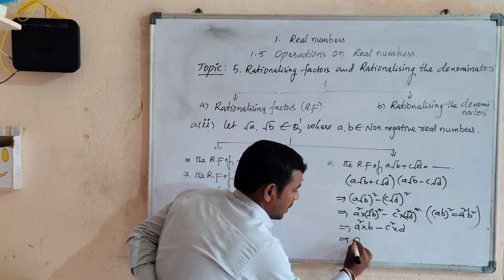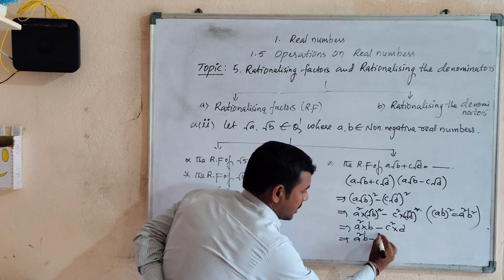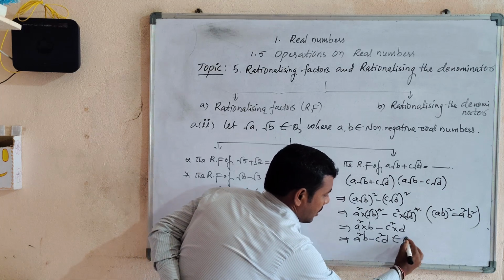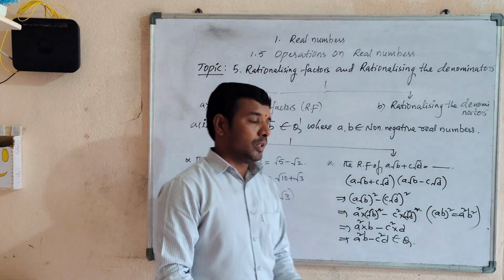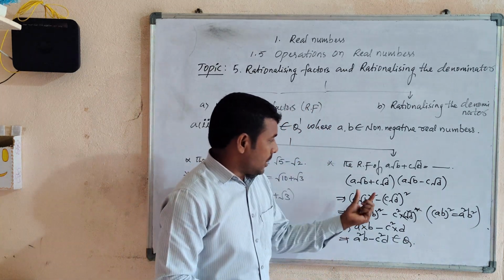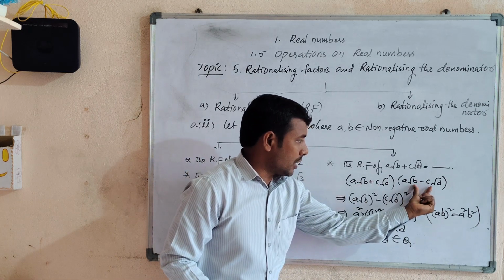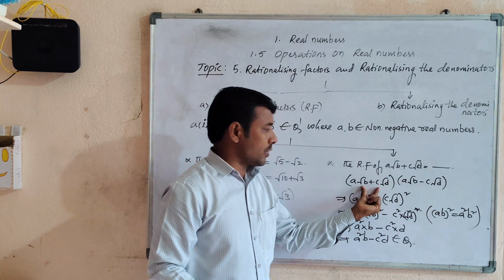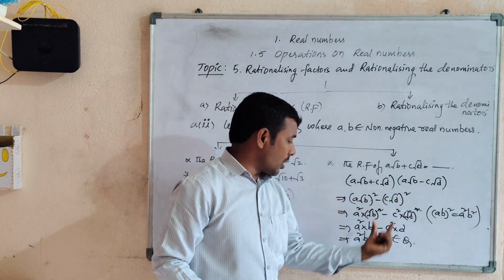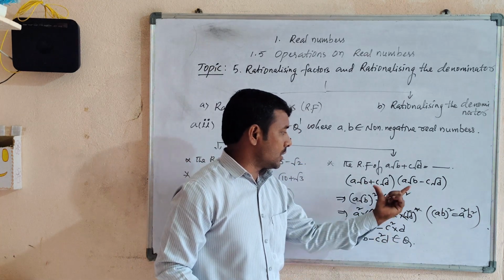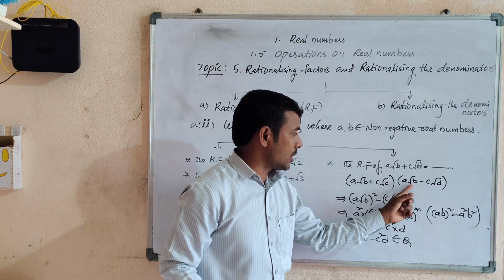Now the answer is a square b minus c square d, which is called a rational number. See, the rationalizing factor of this is this one, and the rationalizing factor of this is this one. Their product is a rational number, so these two are rationalizing factors to each other.